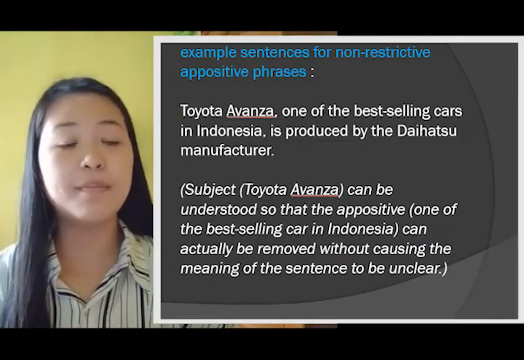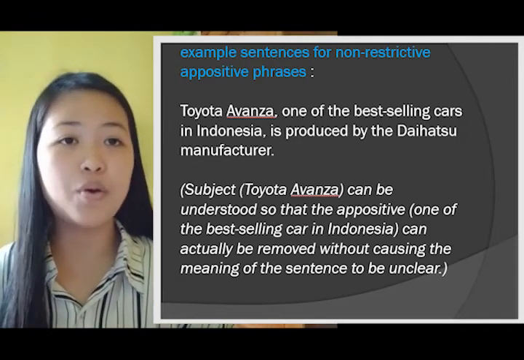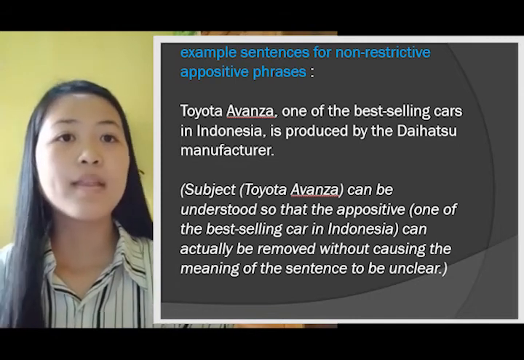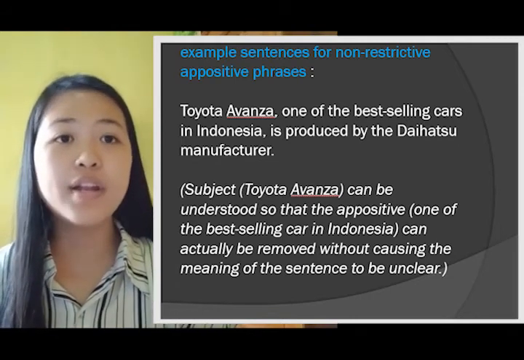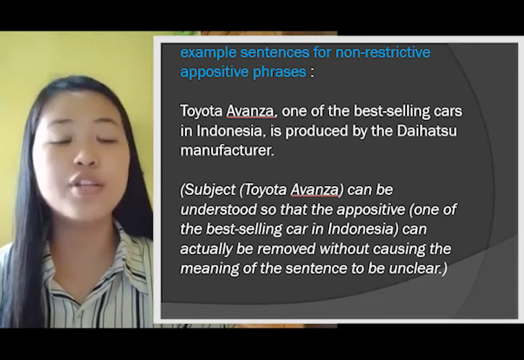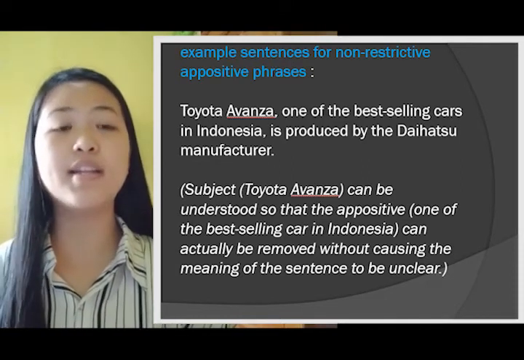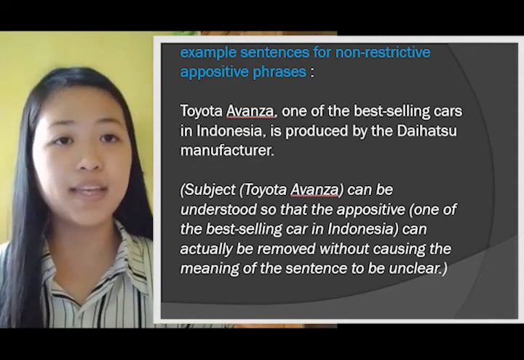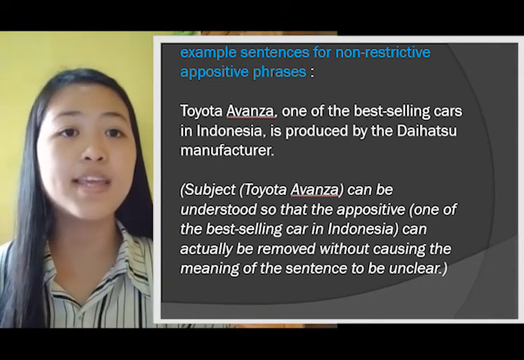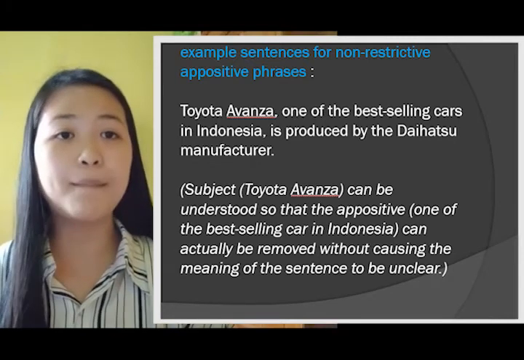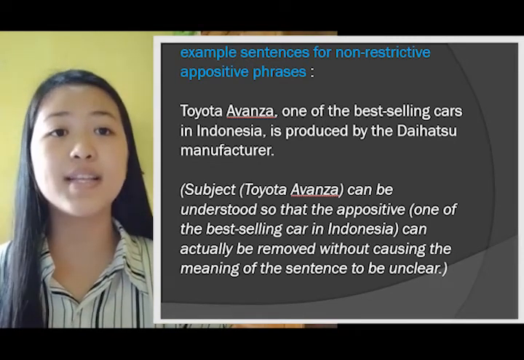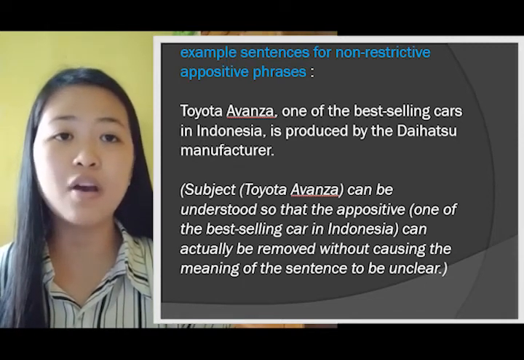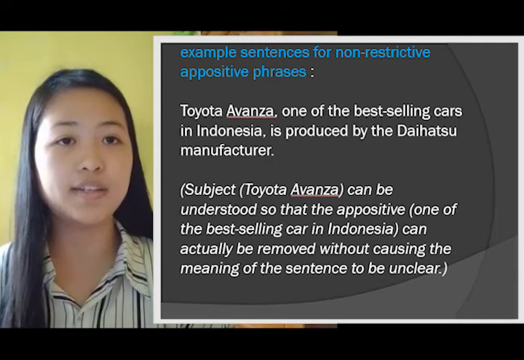Now, the examples of non-restrictive appositive phrases. First example, Toyota Avanza, one of the best-selling cars in Indonesia, is produced by the Daihatsu manufacturer. In the sentence, the subject, Toyota Avanza, can be understood, so the appositive, one of the best-selling cars in Indonesia, can be removed without making the meaning of the sentence unclear.